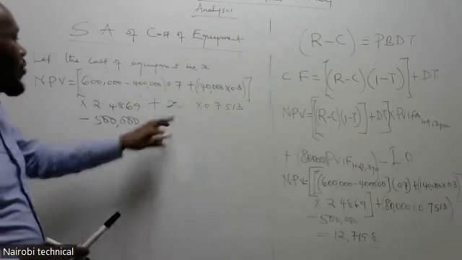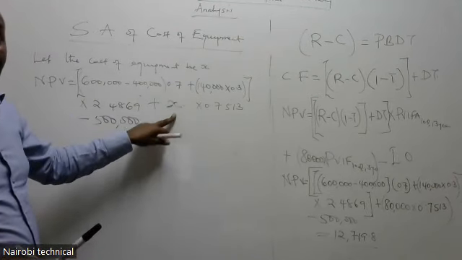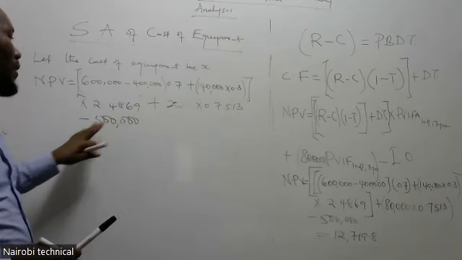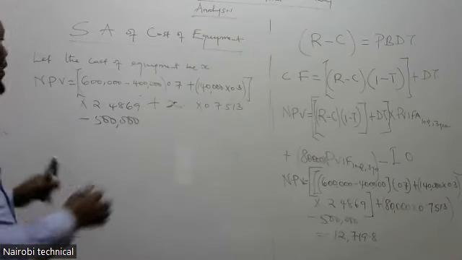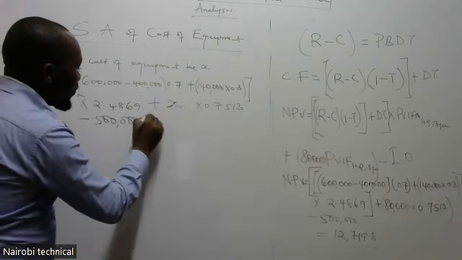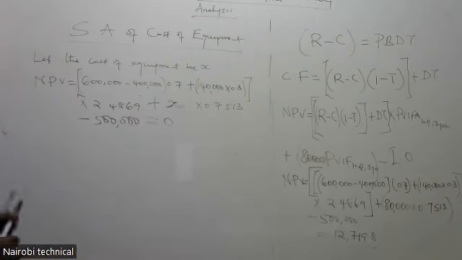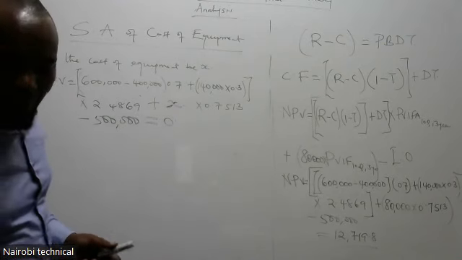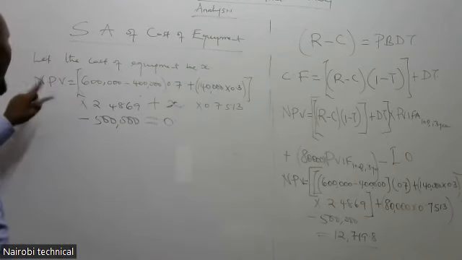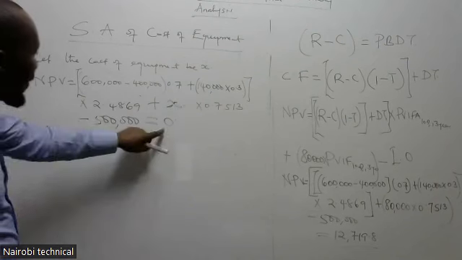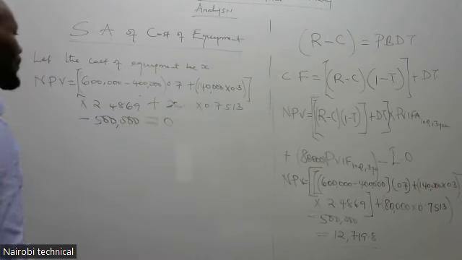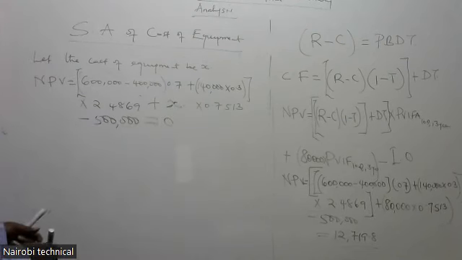Tumeelewana? This one is the scrap value. That is now what is changing to X. The other ones remain. So all that is equal to 0 because we are saying that when you are using break-even point, NPV is equal to 0. So if NPV is equal to 0, then all that is equal to 0. So can we do calculation again?